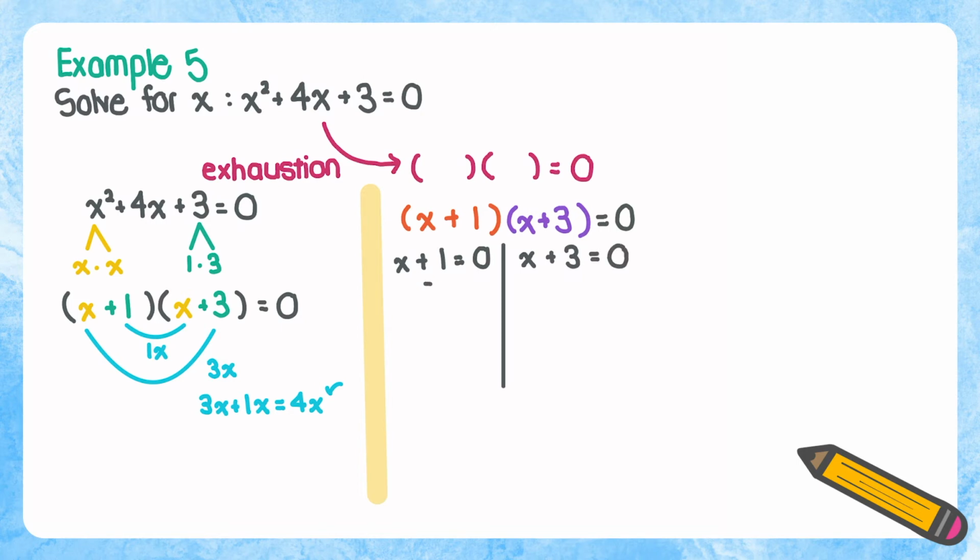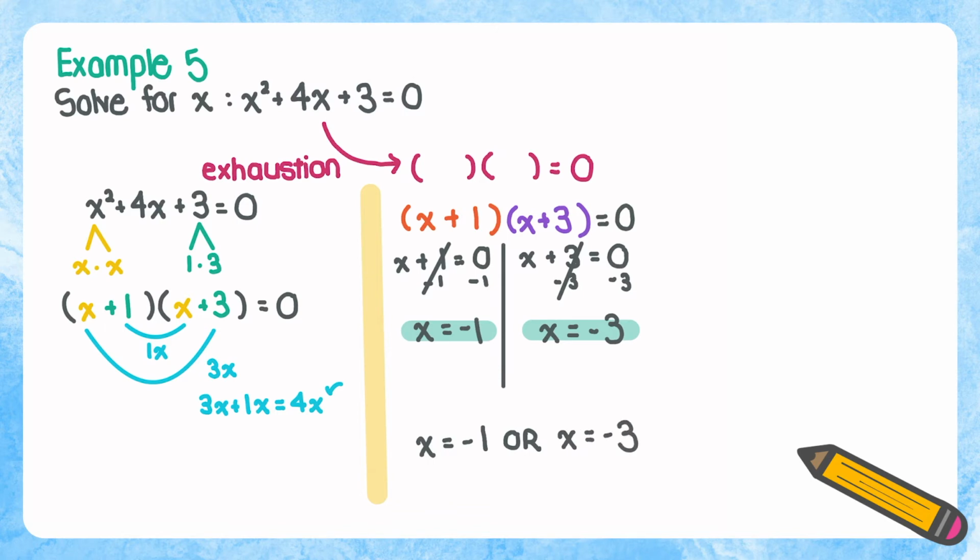For the left one, I'm going to subtract 1 from both sides, and I'm left with x equals negative 1. On the right side, I'm going to subtract 3 from both sides, and I'm left with x equals negative 3. So I've solved for x, and I have two potential solutions. Either x equals negative 1 or x equals negative 3. These are both solutions to this quadratic equation.